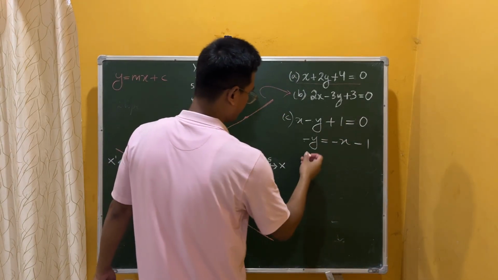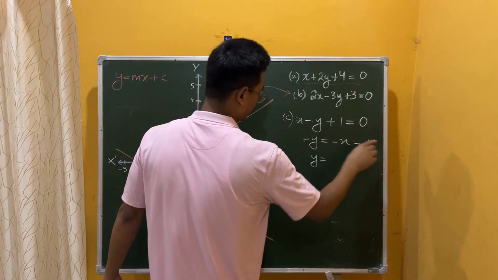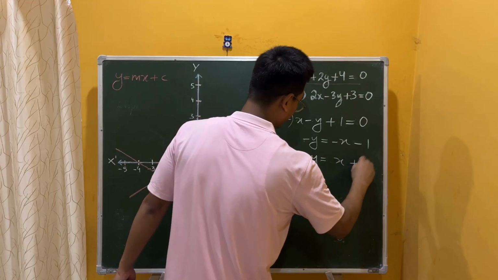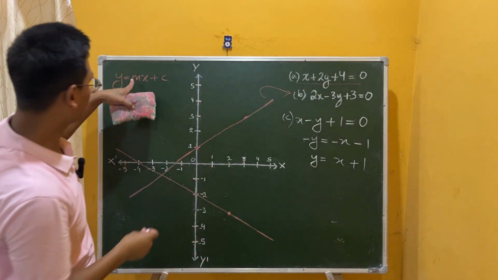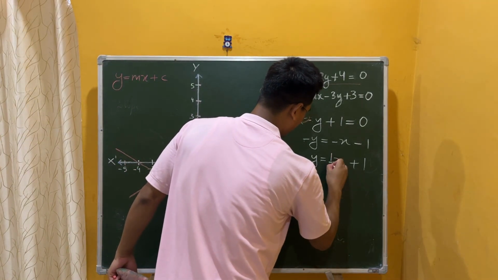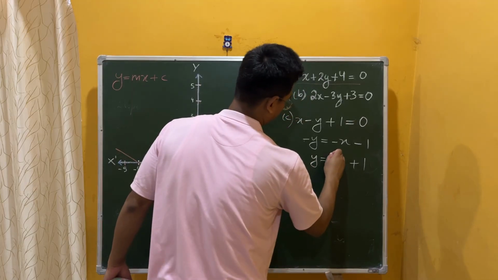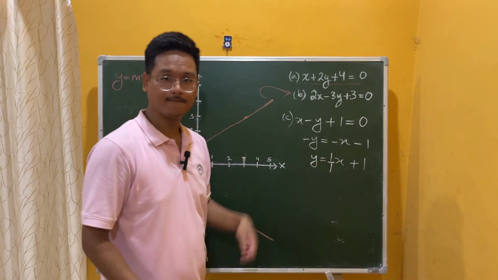Multiplying by minus 1 on both sides, I will get y equals x plus 1. And to make it look like the slope form, I can write 1 upon 1. It's fine, right? 1 upon 1 is 1.